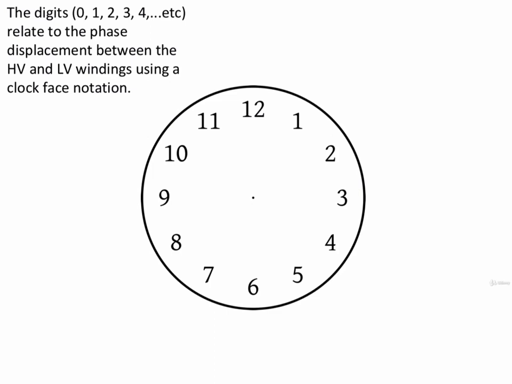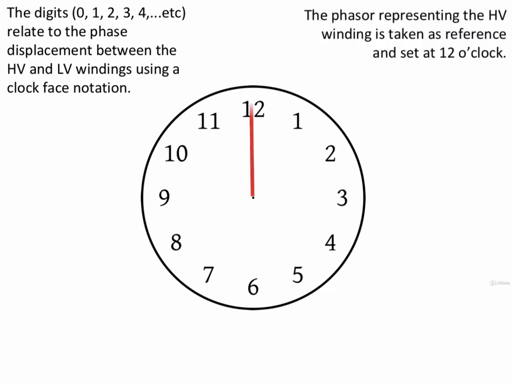The digits 0, 1, 2, 3, 4, etc. relate to the phase displacement between the high voltage and the low voltage windings using the clock face notation. The phasor representing the high voltage winding is taken as a reference and set at 12 o'clock. It is assumed that the phasors are rotating in a counterclockwise rotation.